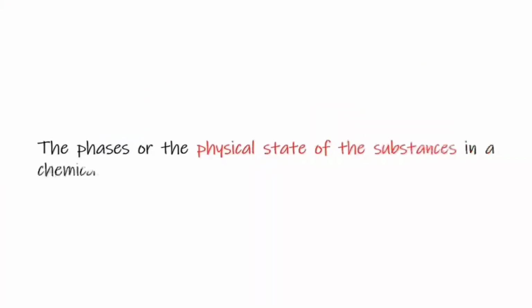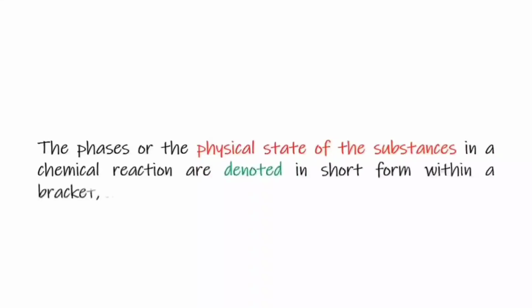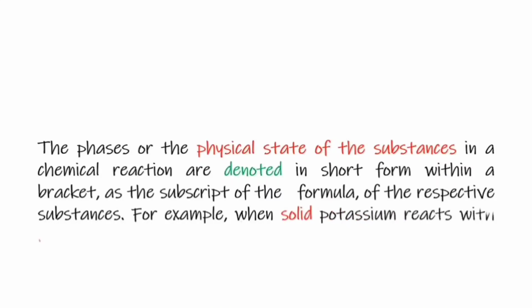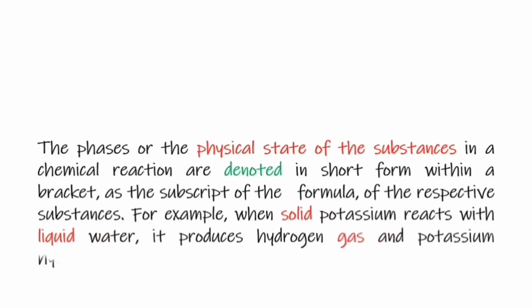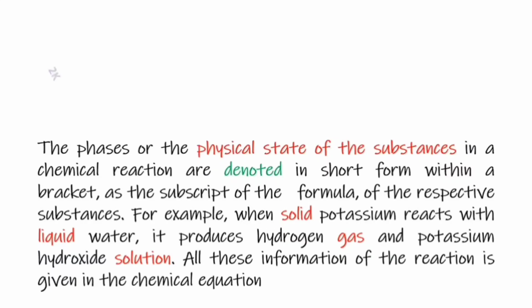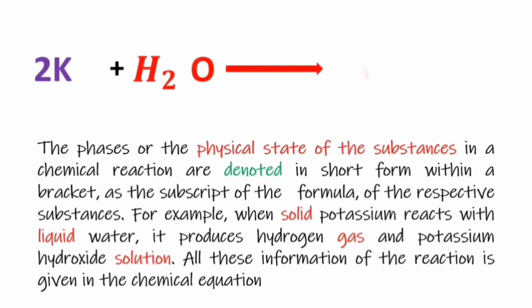The physical states of the substances in a chemical reaction are denoted in short form within brackets as the subscript of the formula of the respective substances. For example, when solid potassium reacts with liquid water, it produces hydrogen gas and potassium hydroxide solution. All this information of the reaction is given in the chemical equation.